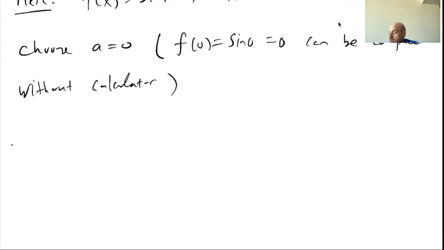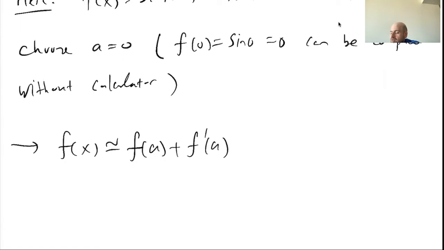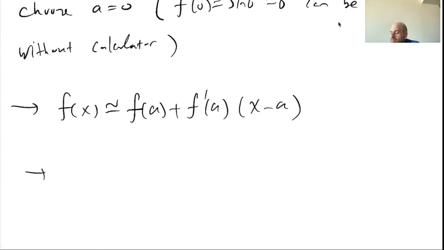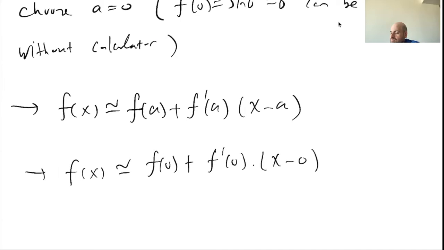All right, so what can we say? We can say that f of x is almost equal to, we have the formula for local linear approximation, f of a plus f prime of a times x minus a. So f of x is almost equal to f of 0 plus f prime of 0 times x minus 0.